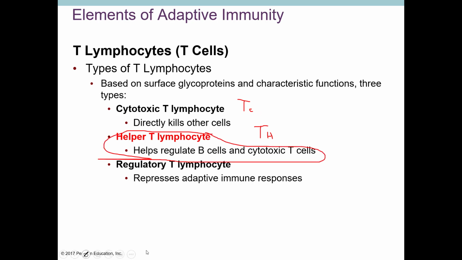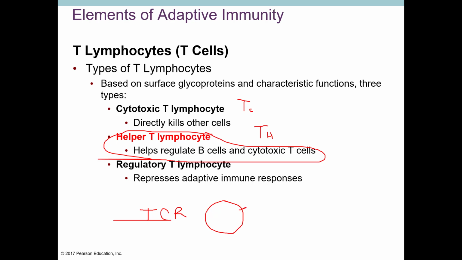Helper T cells have on their surface what we call a T cell receptor. And the T cell receptor has various shapes, and your body makes thousands and thousands of different helper T cells, and each of them has a different shape on its T cell receptor.